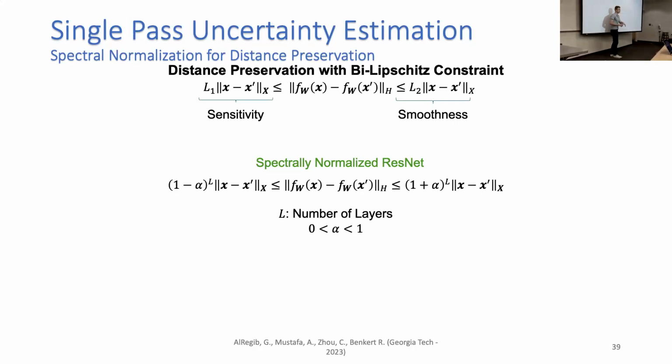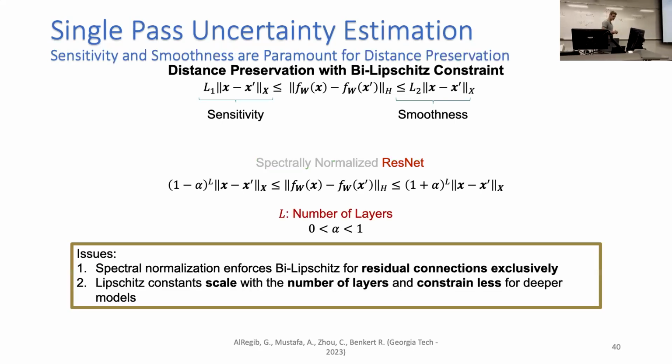That's one of the big drawbacks of, for instance, SNGP, because it can essentially estimate uncertainty only if you have a very shallow neural network. I'm trying to give you a sense of where these methods are also limited.